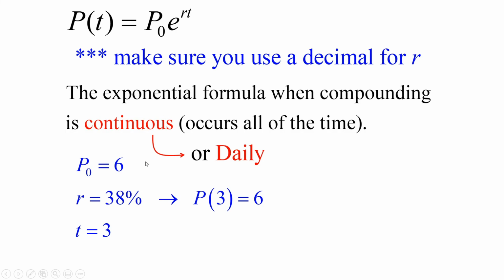Don't go e to the 38, or you're going to see some really big bushes out in my backyard. So it's actually e to the 0.38. Always write your percentage as a decimal when you're using the continuous change model. And then times t, the number of years, 3 years.